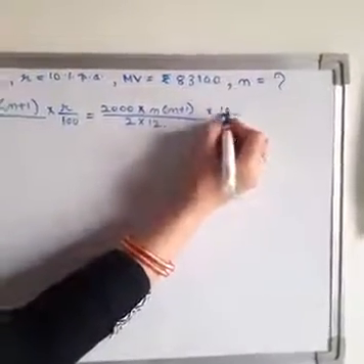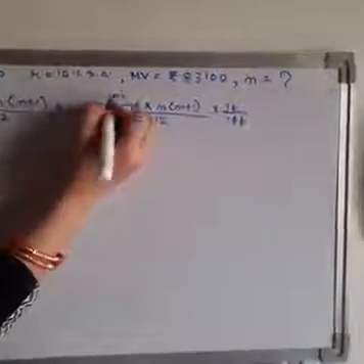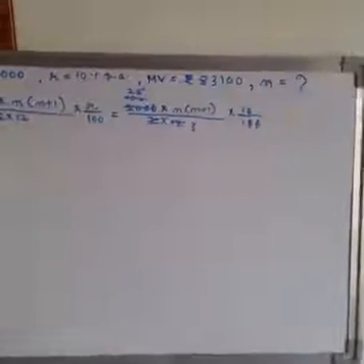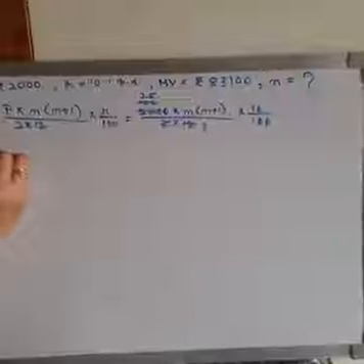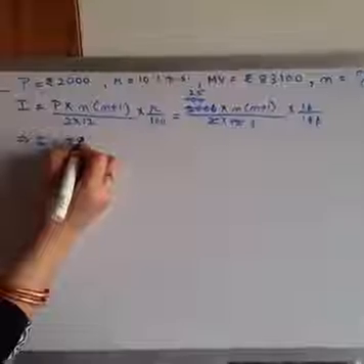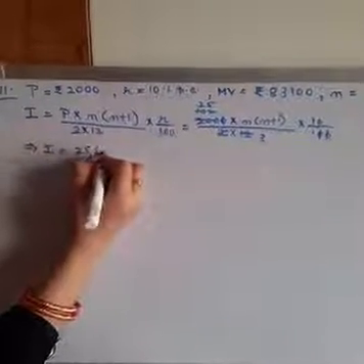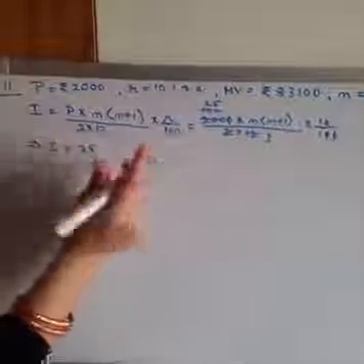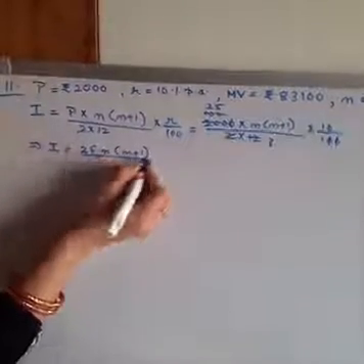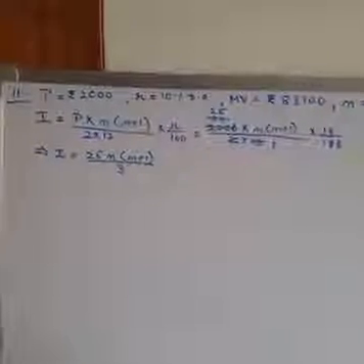Okay, so let's cancel out the zeros. Then 2 will cancel this 100 times, 4 into 3 and 4 into 25 is 100. That means this has given us the value of I to be equal to 25 into N into N plus 1 upon 3. So this is the value of I that we have got.